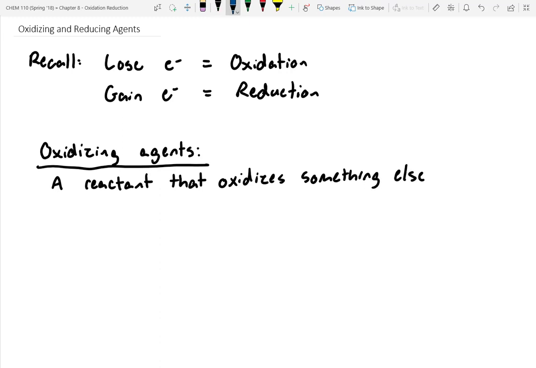Another way of thinking about this is that if it's oxidizing something else, it must be taking electrons, right? So it takes electrons from the element that is being oxidized.